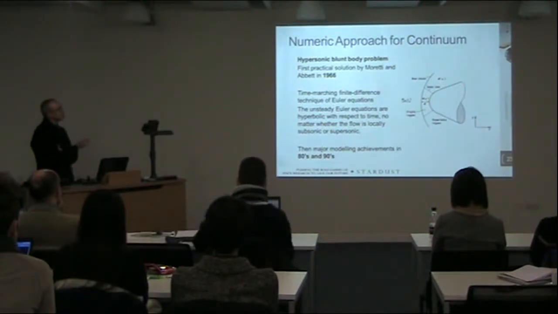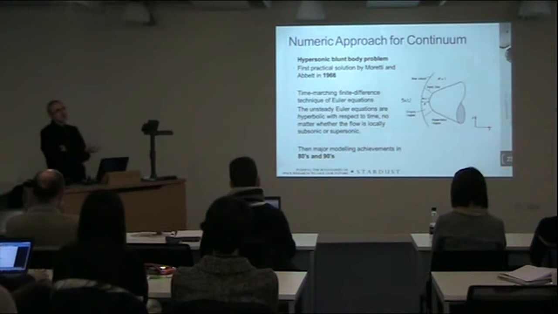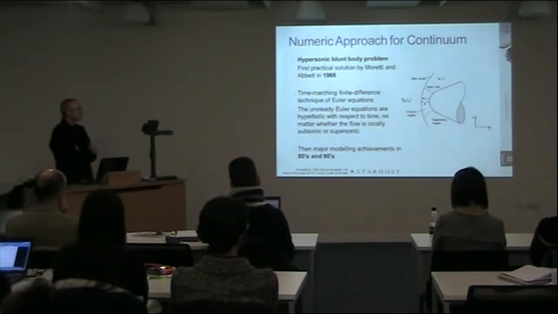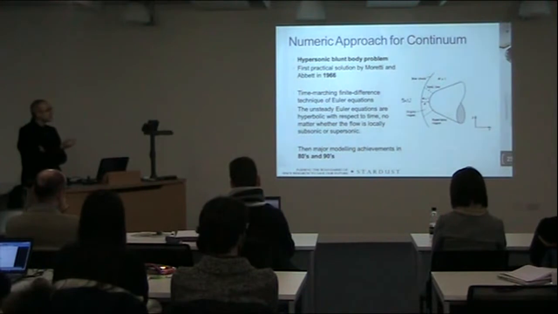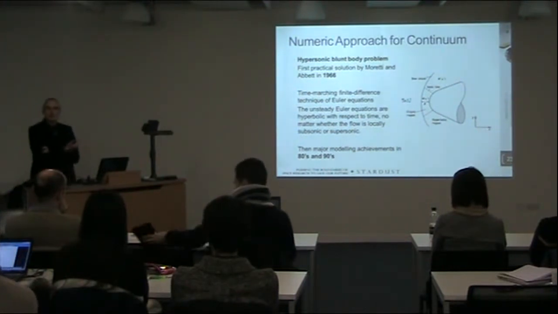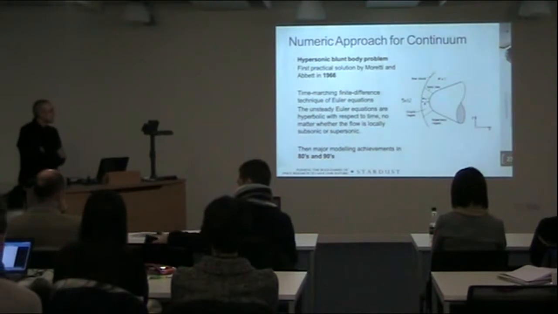Then people understood, for example, that steady solutions could be obtained as asymptotic solutions of transient simulations. And in that case, everything is changed. The equations have only one nature, which is the hyperbolic nature, and so it can be solved much more easily.